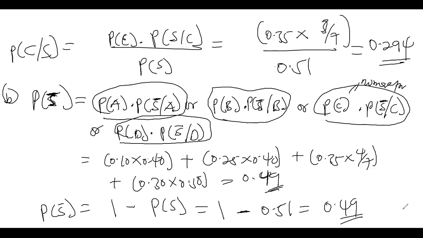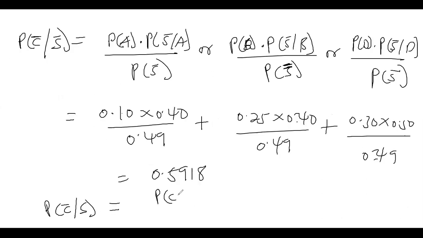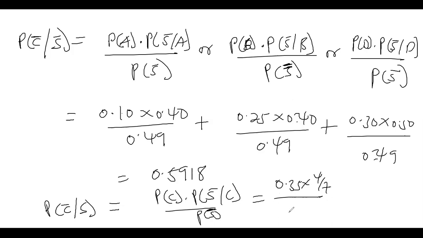That would have given us the probability of C times the probability of not S given C, all over the probability of not S. This will essentially be 0.35 times 4/7 all over 0.49, which gives us 0.4082. So this is the probability that it is a 3-star given that it has not increased its share price.